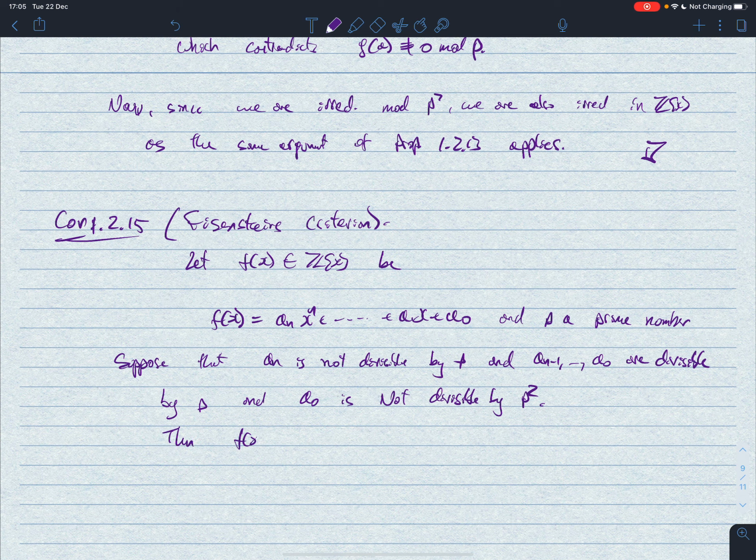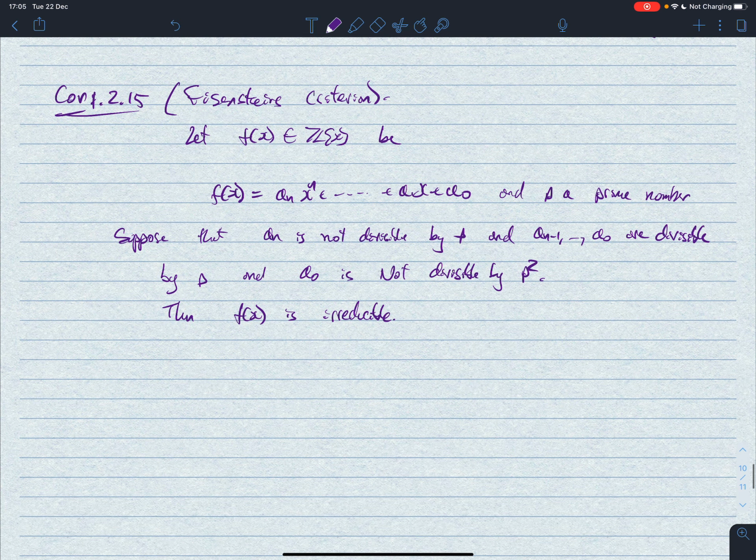Then f of x is irreducible. So if I write my polynomial out and look through the coefficients, if my first one isn't divisible by p, p divides all of the other ones, but p squared doesn't divide the last, then any polynomial that looks like this has to be irreducible.